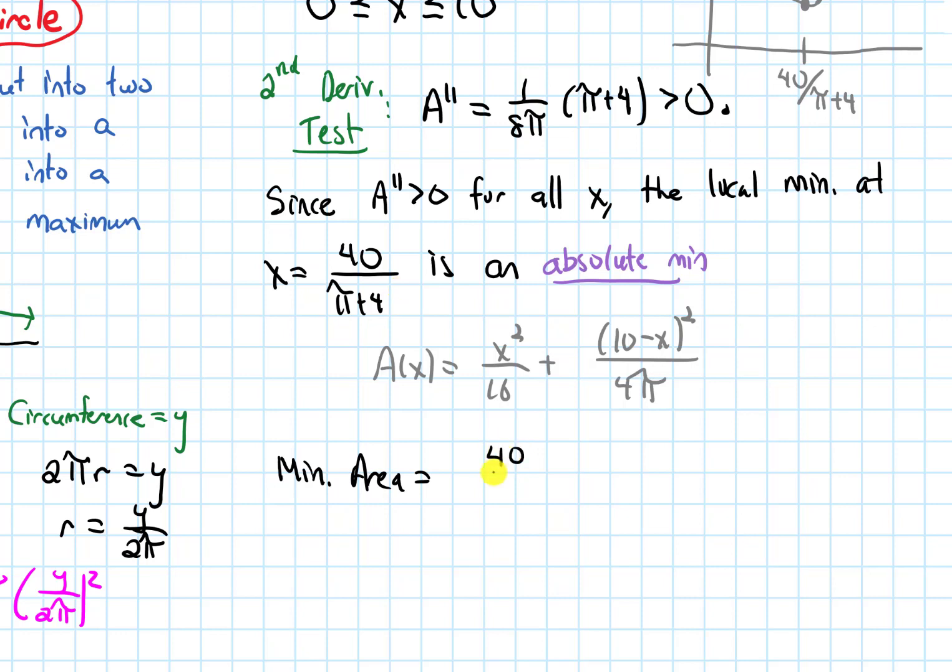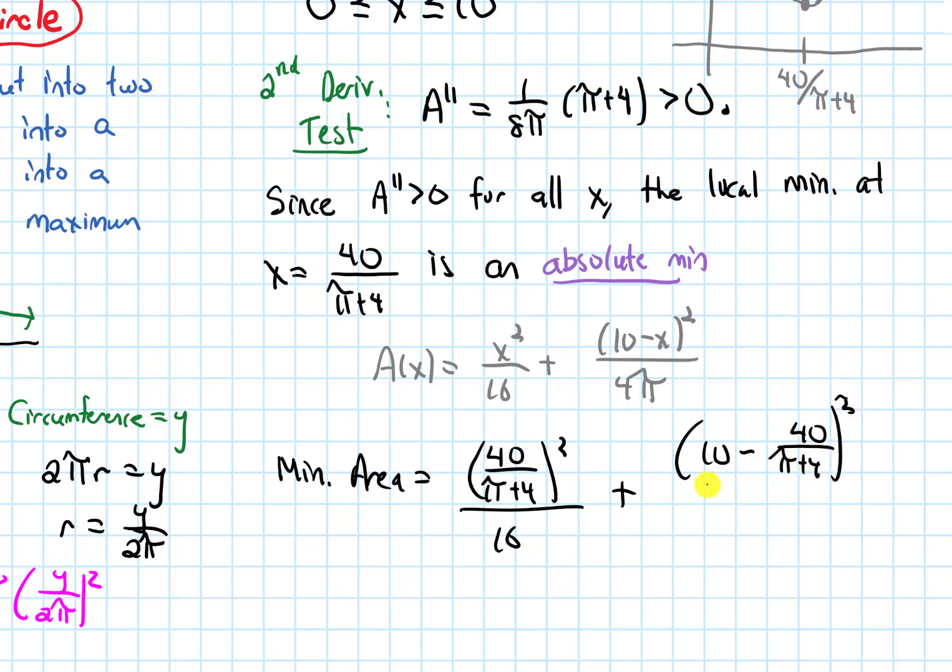So we'll get 40 over pi plus 4, squared, over 16, plus 10 minus 40 over pi plus 4, squared, over 4 pi. And the units in this question for length were inches, so for area are going to be inches squared, and that is my minimum area.